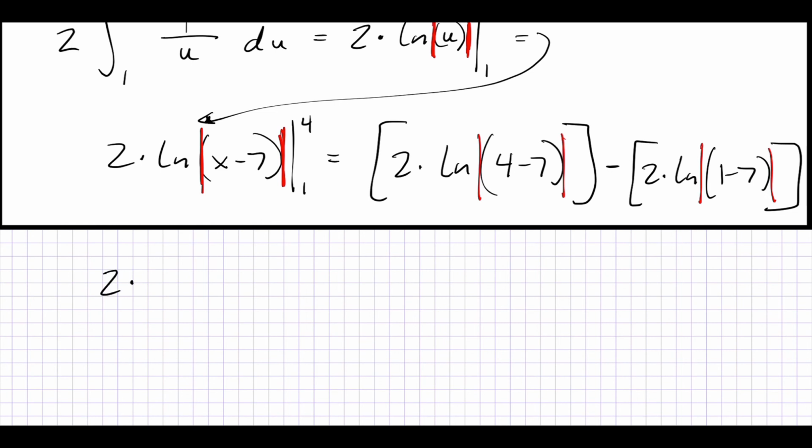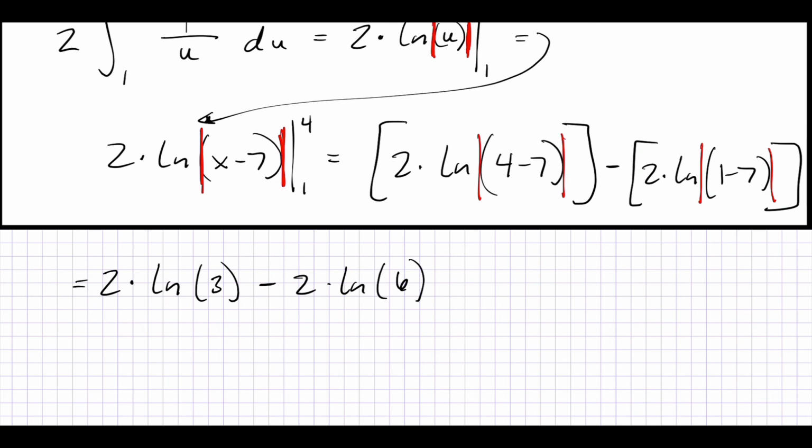When I simplify, I'm going to get -3 in here, but because of the bars, it's going to make it a +3. So it's actually going to be +3 minus, and over here it's the same thing. I'm going to get a -6, but because of the bars, it's actually +6.